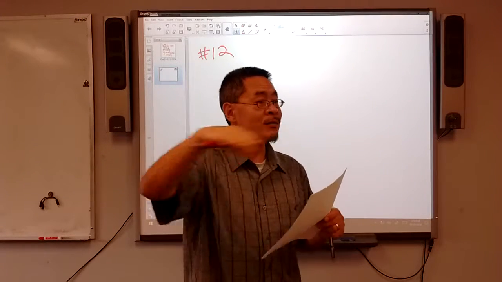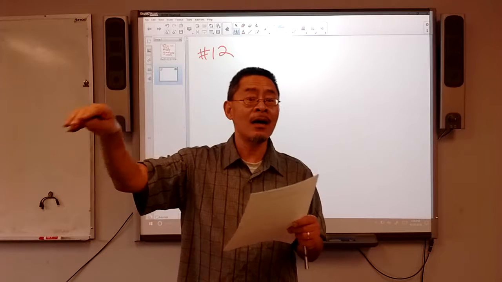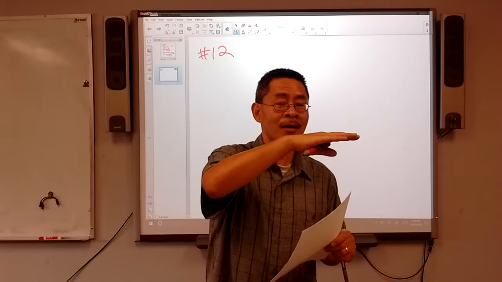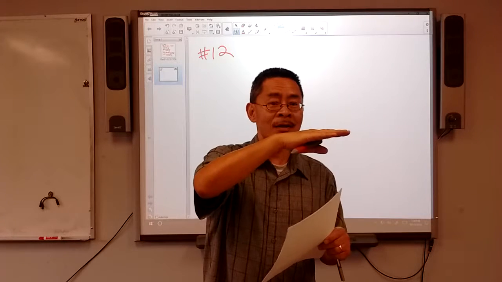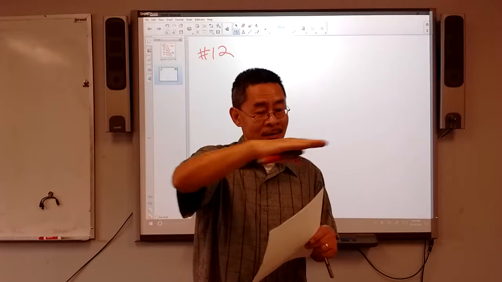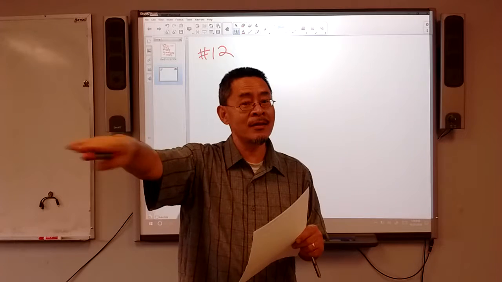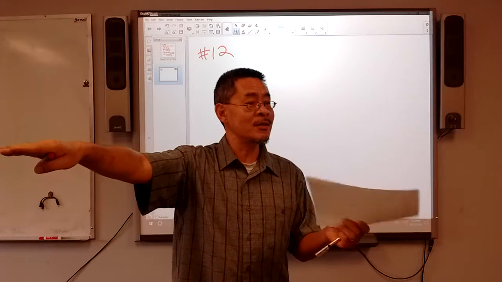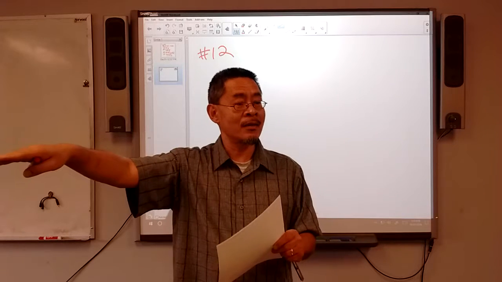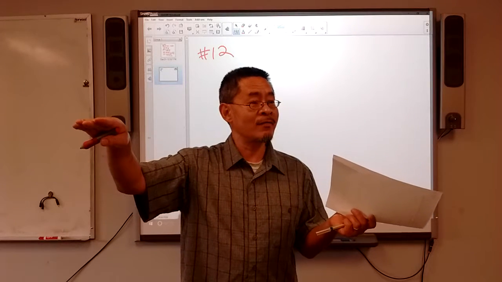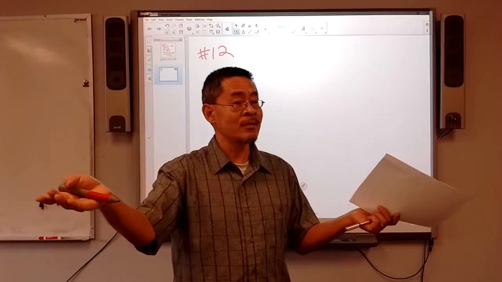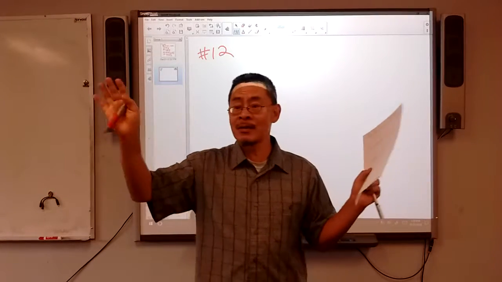What do you mean by horizontal tangent? The tangent line is the horizontal line. What's the slope of a horizontal line? 0. Which means our derivative at that point is 0, right? The derivative is the slope.